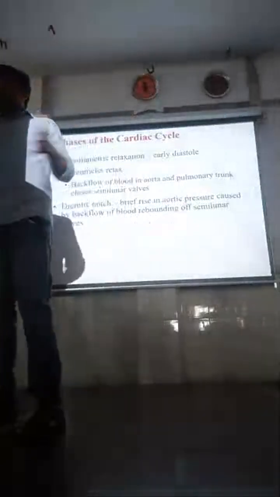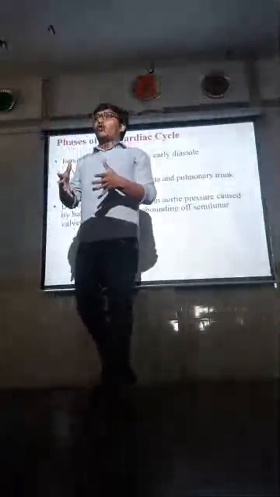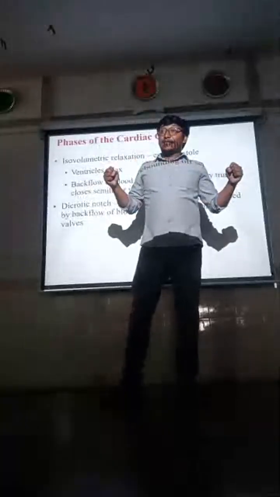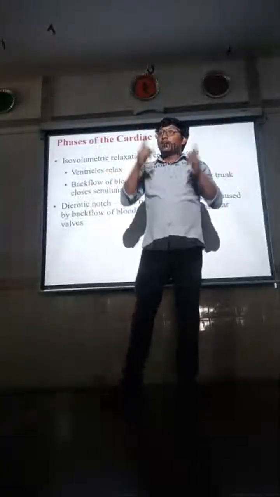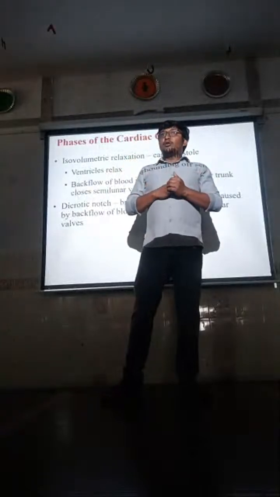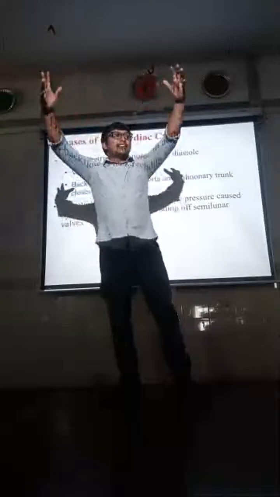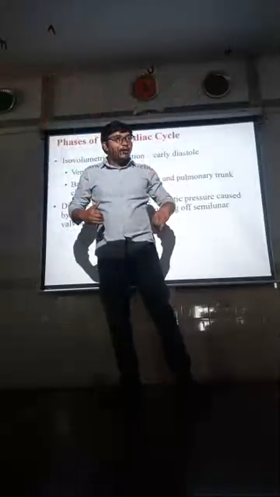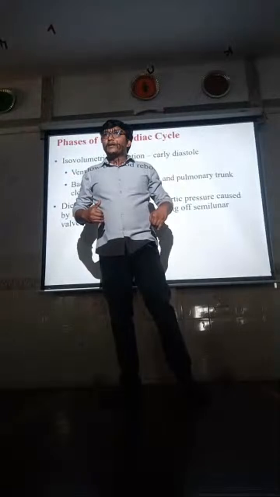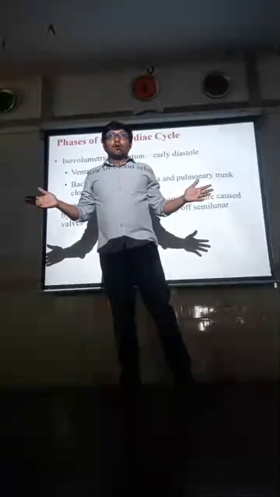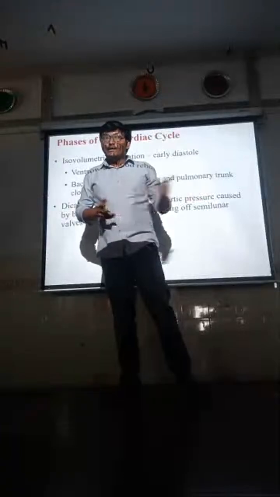When the ventricles are relaxed, the blood comes from the atrium. If the semilunar valves stay open, the ejected blood would enter the ventricle again. So the semilunar valves have to close, and the tricuspid valve has to open.